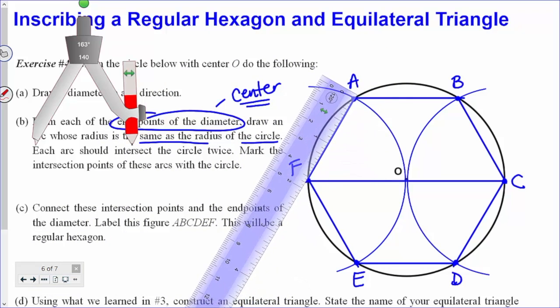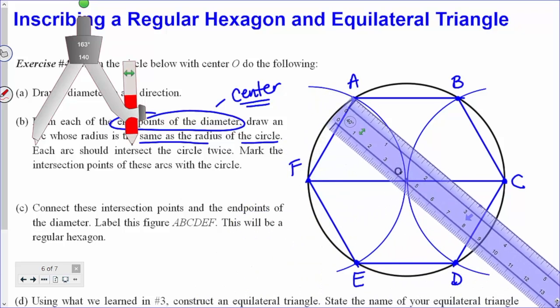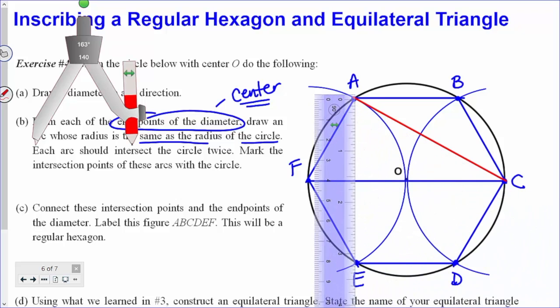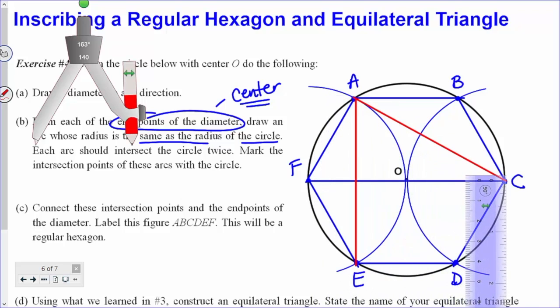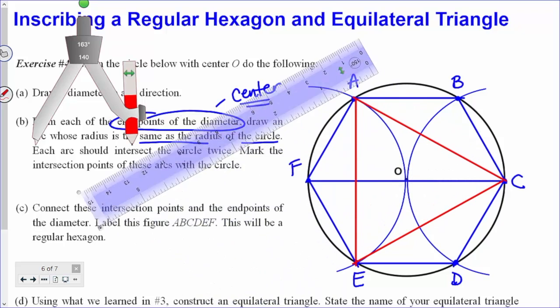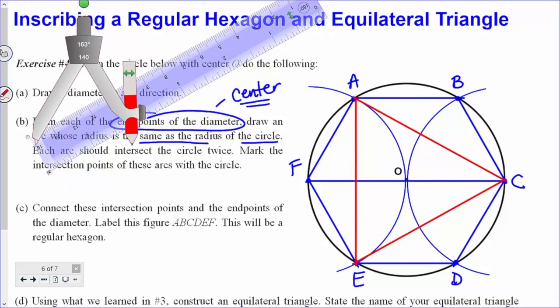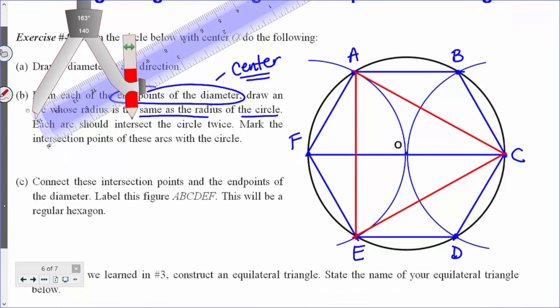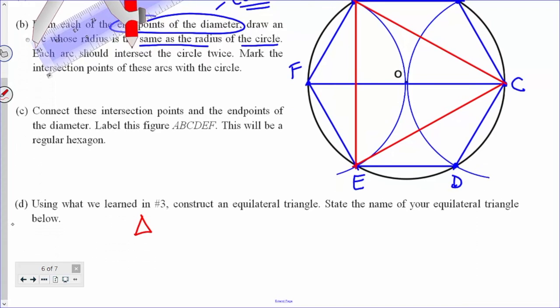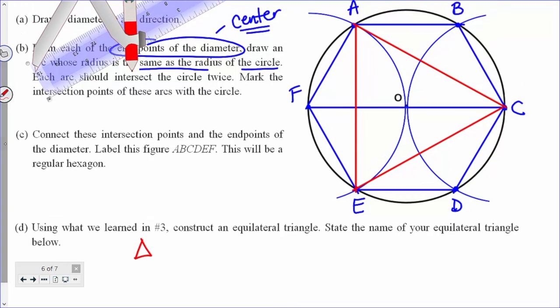I think we'll connect A to C and connect A to E. And then we'll connect C to E. Now, depending on which 3 you connected, you get an equilateral triangle, right? Depending on which three you connected, you could have a different name. But for us, we've got triangle, what was it? ACE.